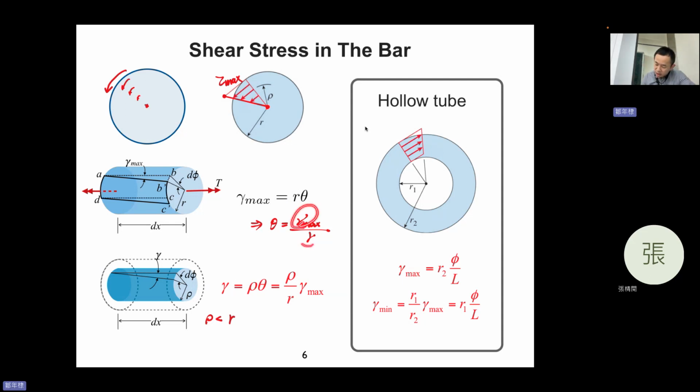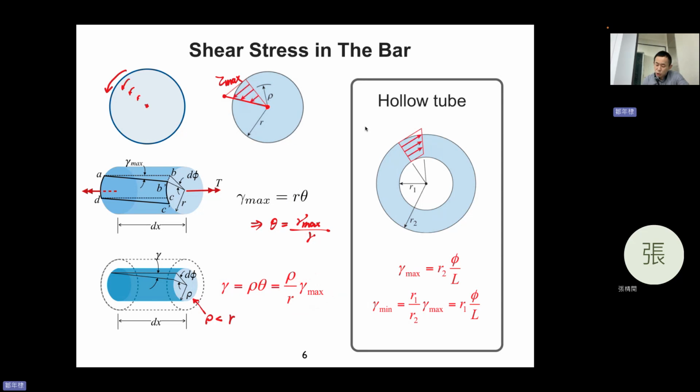This is gamma, this is R, and this is R. So this rho is less than R. So your gamma is not max. This is not max, okay? Gamma equals rho theta. The rho is the inner radius, okay? Rho theta, and your theta equals gamma divided by R.